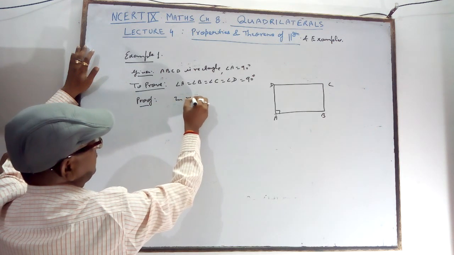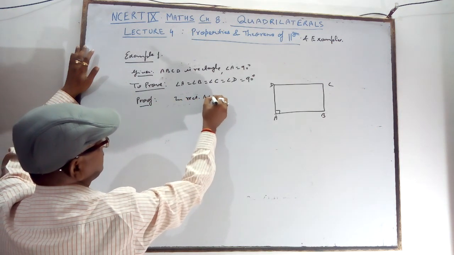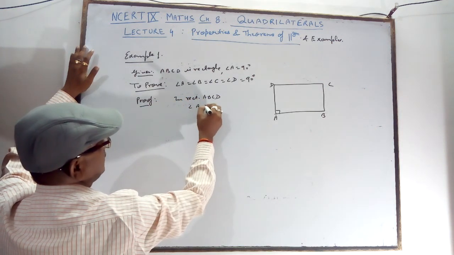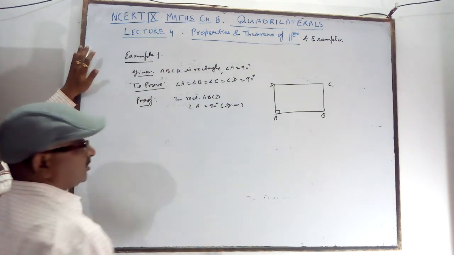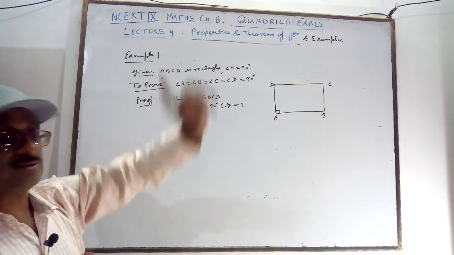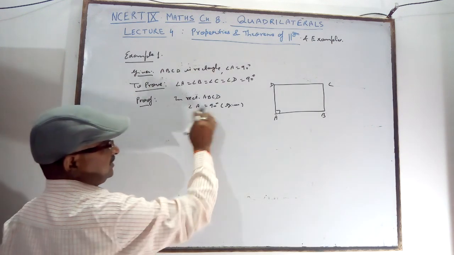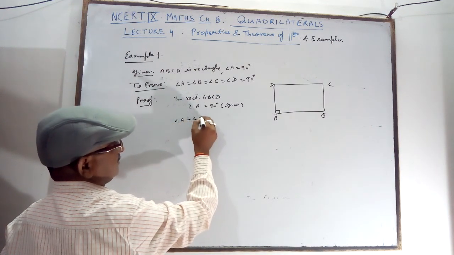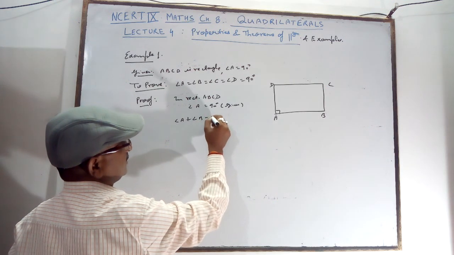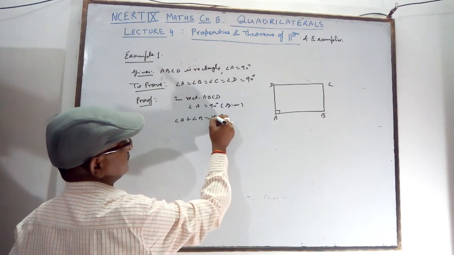In rectangle ABCD, angle A is equal to 90, given. Because our parallelogram is a rectangle, at least one angle must be 90 by the property. Angle A plus angle B is equal to 180 degrees. Why?